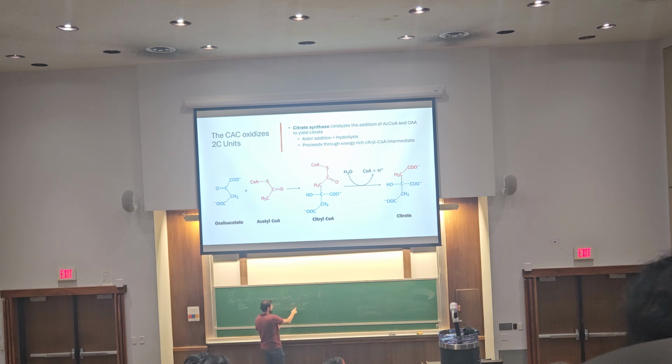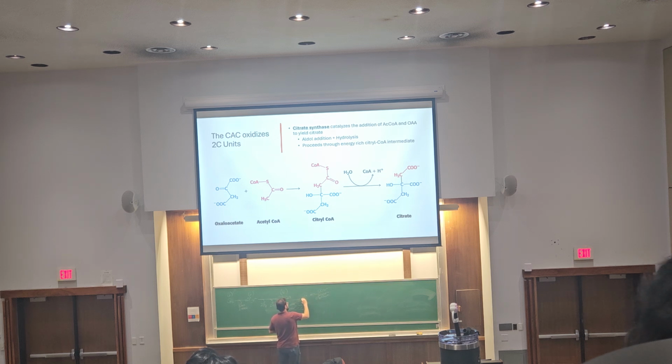Right? So we have 2 carbons, 2 carboxylates. Now we just have a 3rd carboxylate. Citrate is catalyzed by citrate synthase, right? Now for this we also need some water, H2O, right? And out, what should we get?